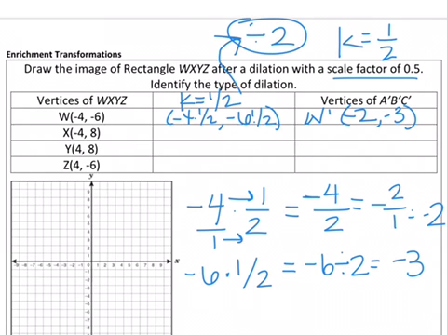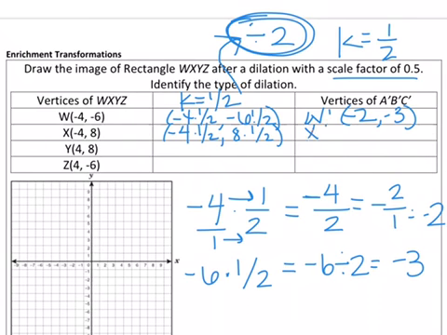So we have our first points, and we're going to go ahead and continue and fill out the entire chart before we actually graph. So now I have -4 times 1/2, and I have 8 times 1/2 for our x coordinate. Like I said, multiplying by 1/2 is the same as dividing by 2.